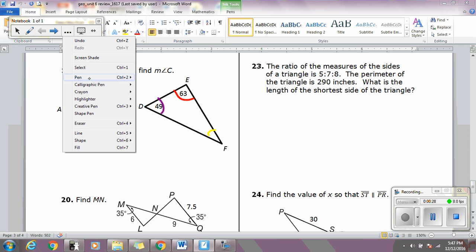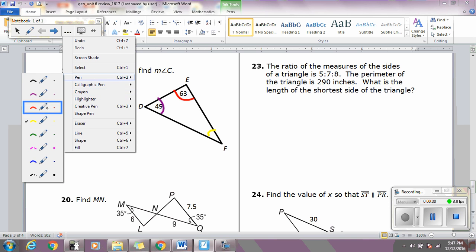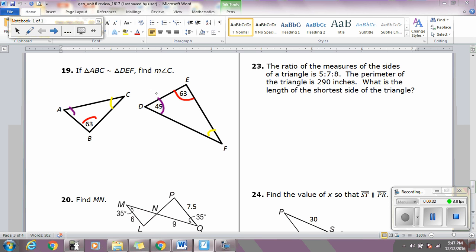So first I would find F, which is in triangle DEF. And then once I know what F is, I'll know what C is. So I'll add 63 and 49 together, that would give me 112.